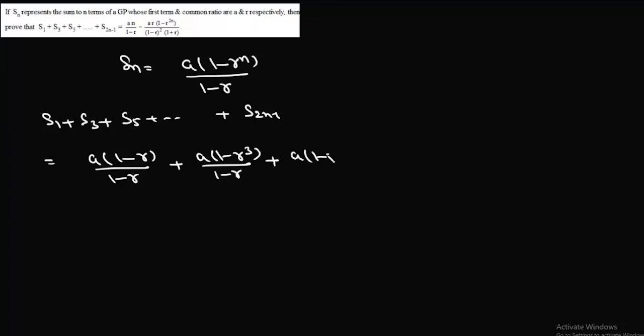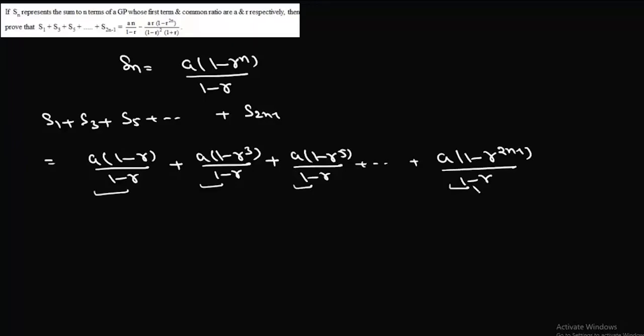S5 is a(1 minus r to the power 5) upon (1 minus r), and S(2n minus 1) will be a(1 minus r to the power 2n minus 1) upon (1 minus r). Now we'll add all these a terms from all the expressions. Now number of terms in this series is n. So it will be an upon (1 minus r), and then we are left with this minus.